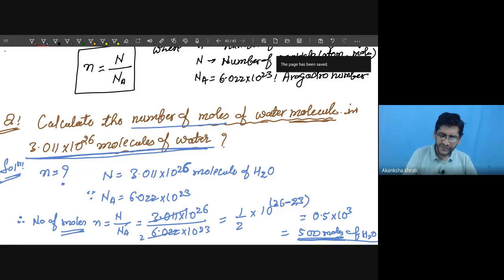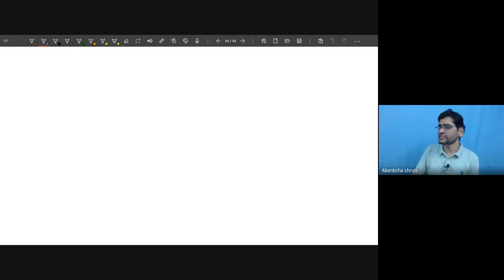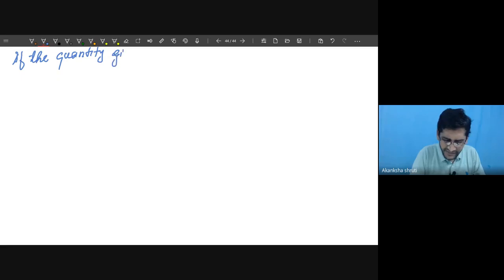A student, sometimes the quantity may be given in terms of mass. So if the quantity is given in terms of mass, then how do we calculate the number of moles?